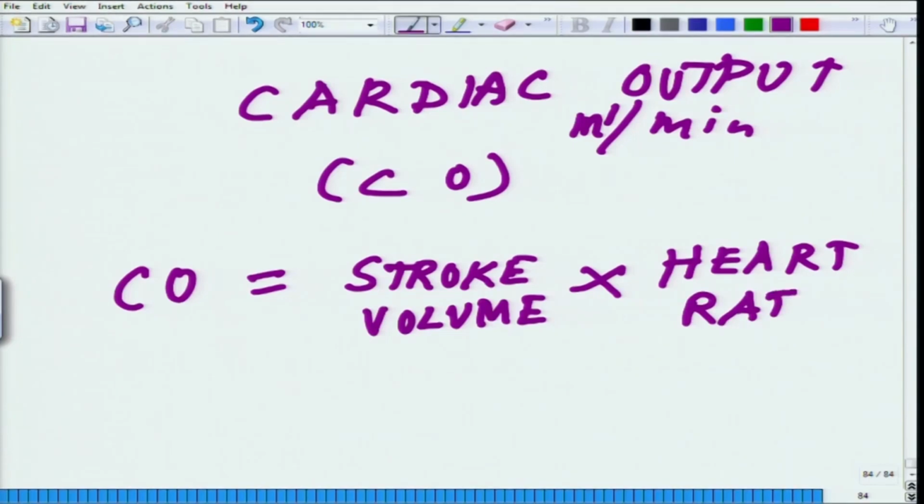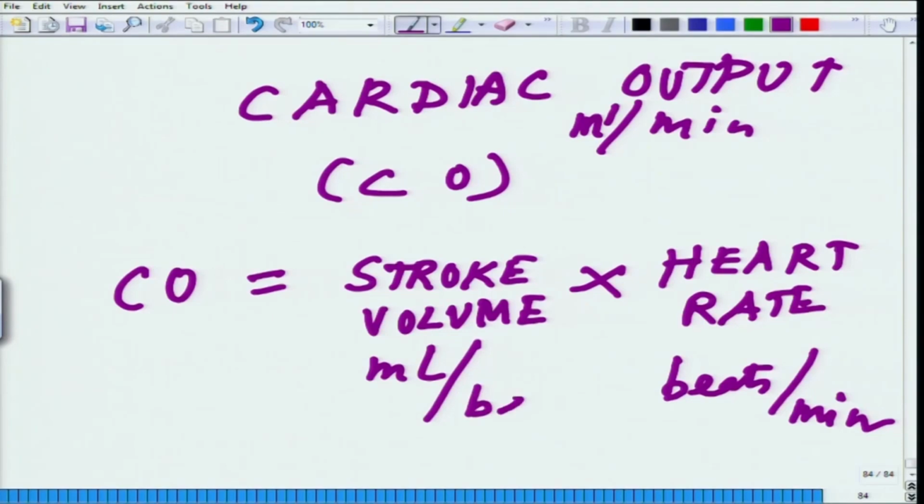Heart rate is expressed in beats per minute and stroke volume in ml per beat. Okay.